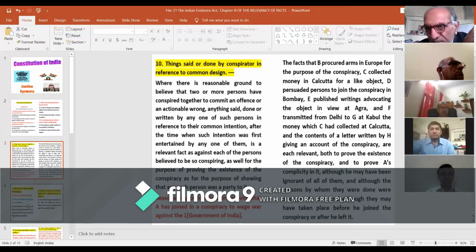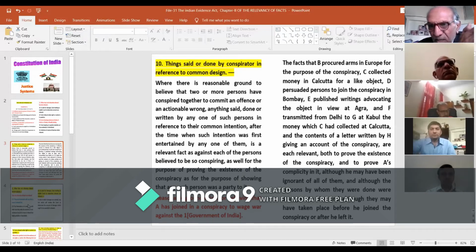So, see, this piece of evidence which becomes relevant is to be utilized for what purposes? Number one, to show which person is a party to the conspiracy. This piece of evidence is also to be availed for proving the conspiracy itself. To prove the conspiracy itself would mean to prove the common intention as well.